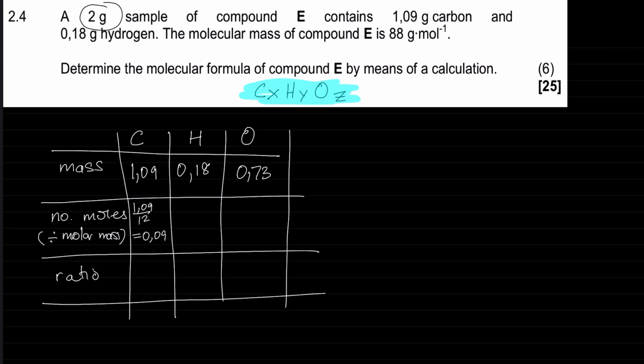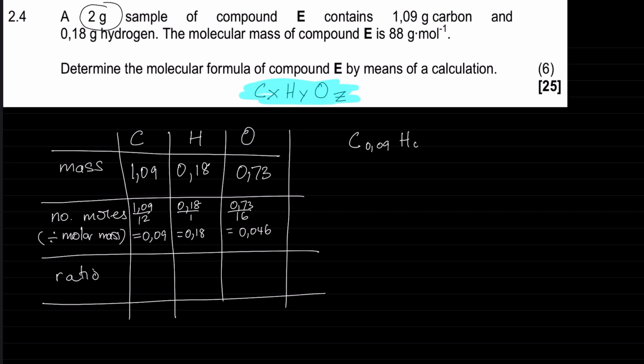That's the moles of carbon. Next, hydrogen. Hydrogen has a molar mass of 1. So 0.18 divided by 1, that's 0.18. Oxygen has a molar mass of 16. So 0.73 divided by 16, and that's 0.046.